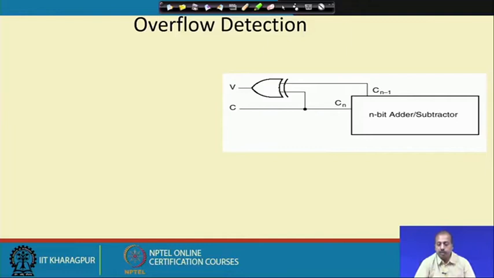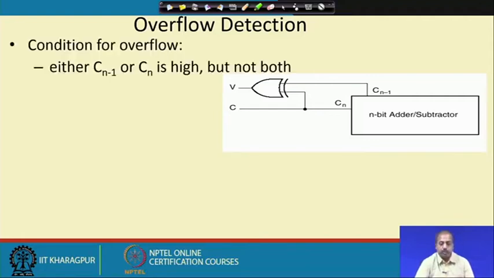So, for overflow detection in an adder subtractor, you have to compare the carries generated at the nth stage and the n minus 1th stage. If you take an XOR of these two carries, that will give us the overflow bit, whether it is an overflow or not.